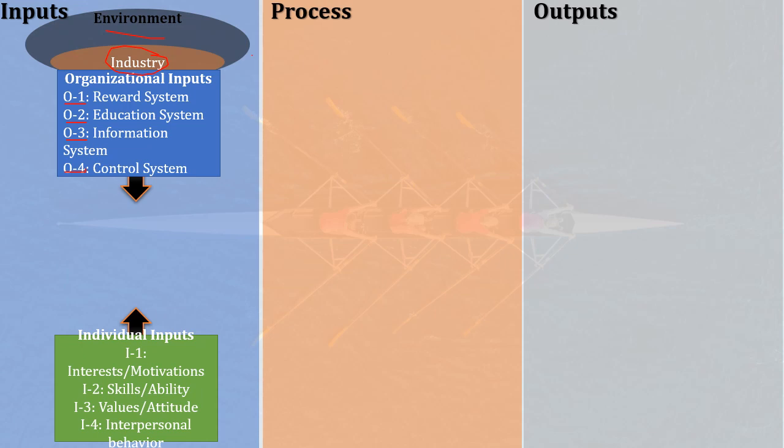The second input is the skills and abilities that the team member has. The third input under individual inputs is values and attitudes that a person carries, and the fourth input is interpersonal behavior. Interpersonal behavior is basically how that person behaves with the other team members.